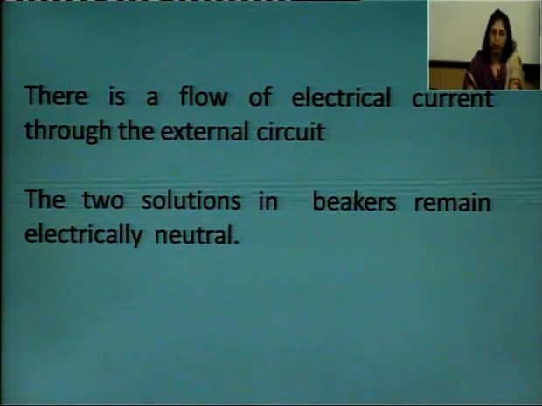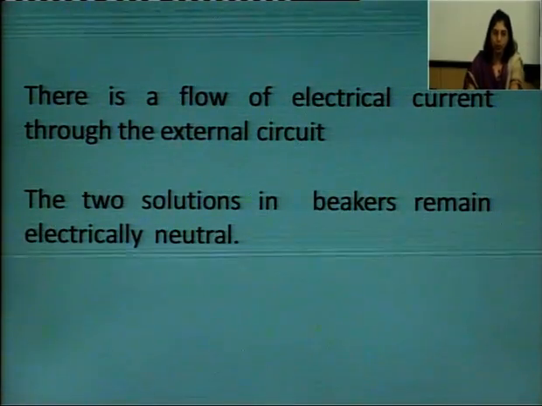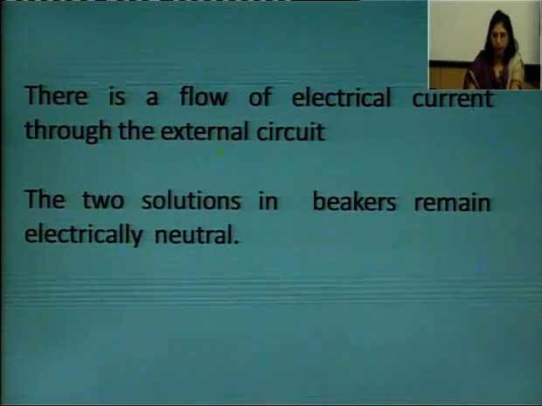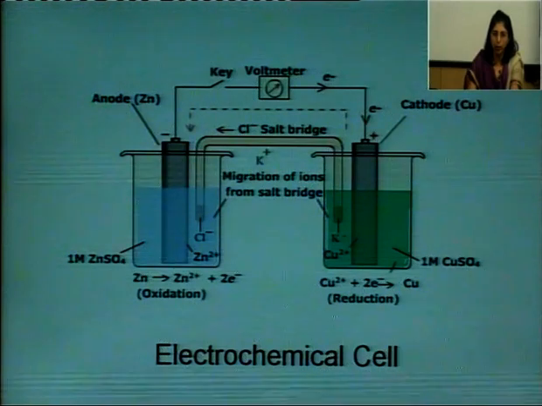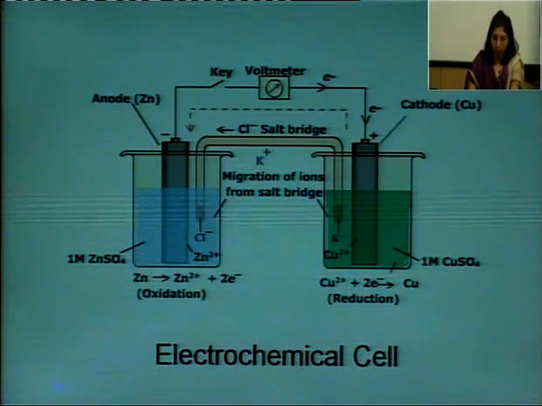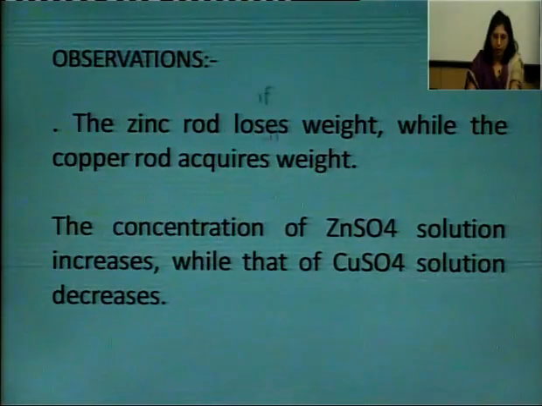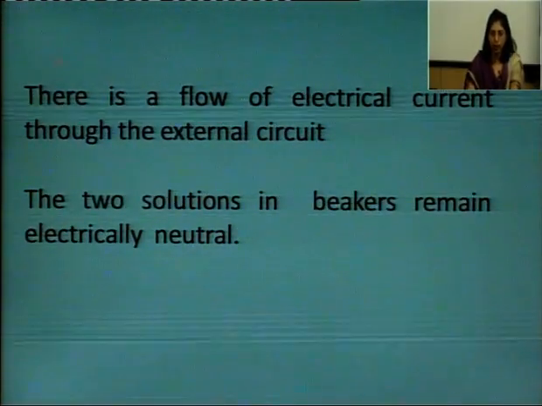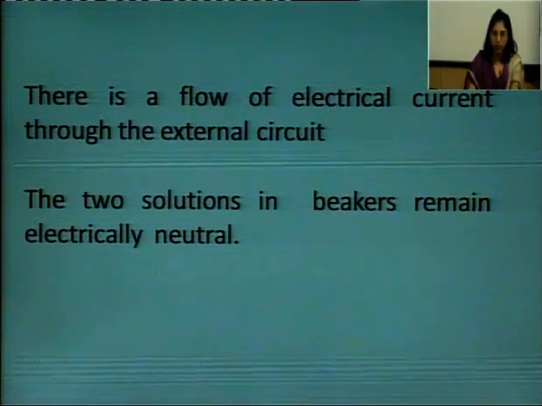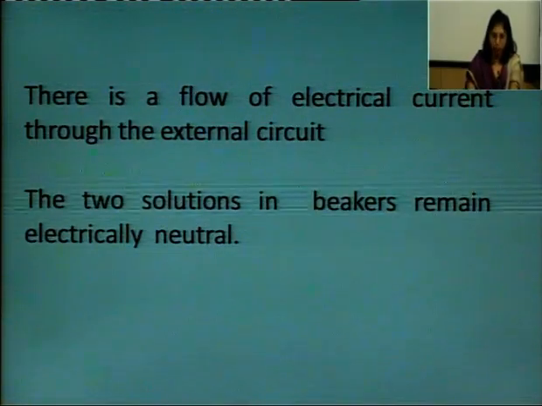There is a flow of electric current through the external circuit. That means current will flow through these external wires, and the two solutions in the beakers remain electrically neutral. Now, let us explain these observations.